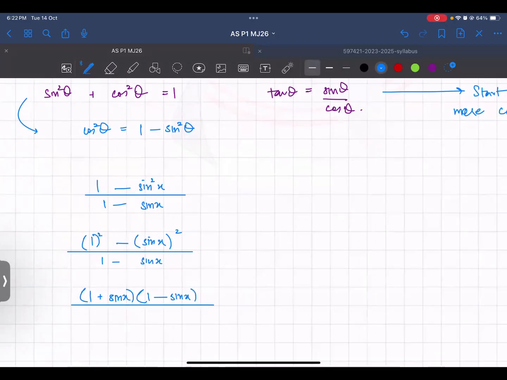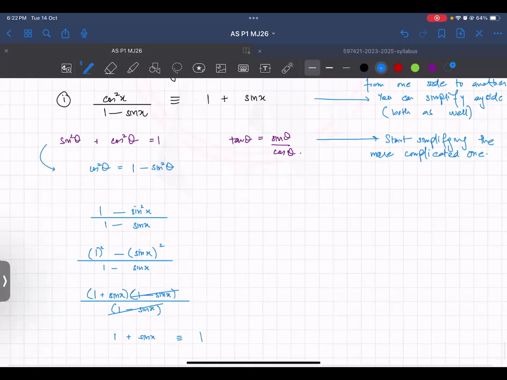And you can see in the denominator you have the same factor, 1 minus sine x. So 1 minus sine x and 1 minus sine x cancel out, and you are left with 1 plus sine x, which was already on the right side. So you will say hence shown.